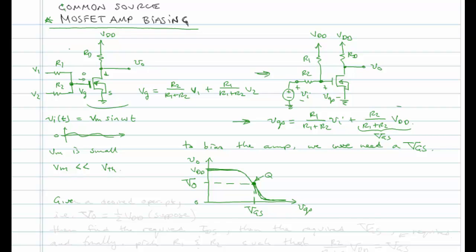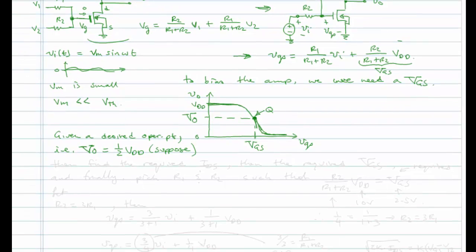Given a desired operating point, in other words, VO, capital VO, is equal to some voltage, and let's say in this case it's going to be 1/2 of VDD. Suppose. Could be something different, but let's suppose that.